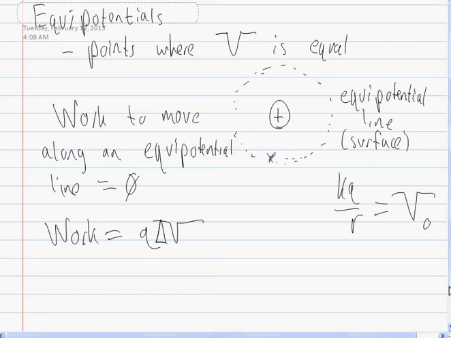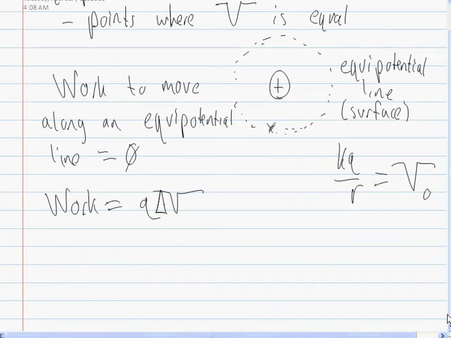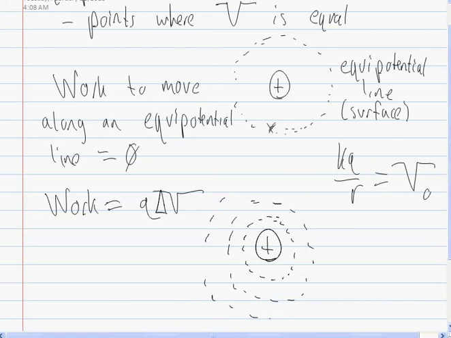Let's redraw this example right here with a bunch of equipotential lines. So we'll have one here, one here, and one here. And I'm going to assign them values.